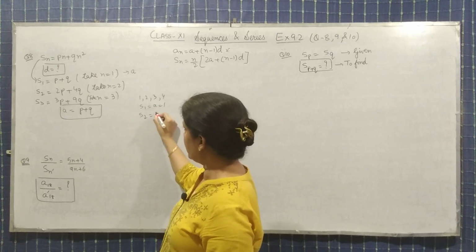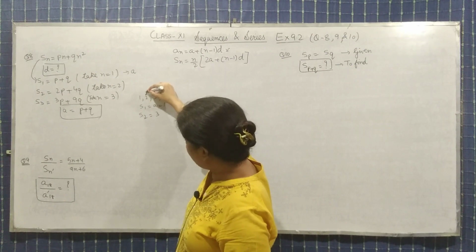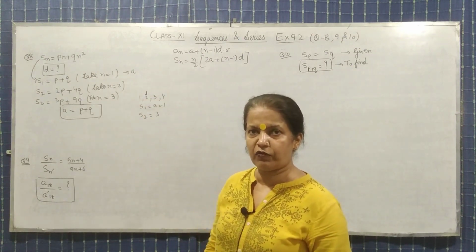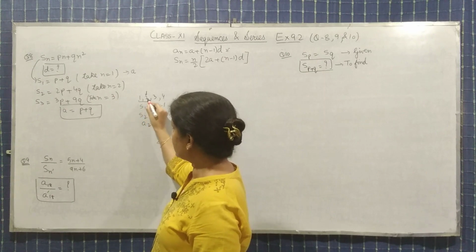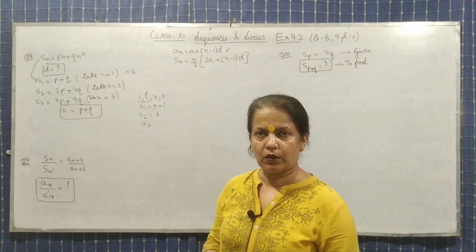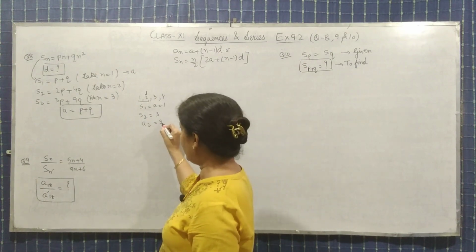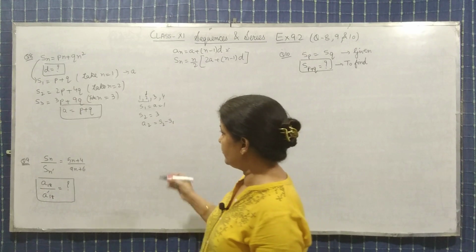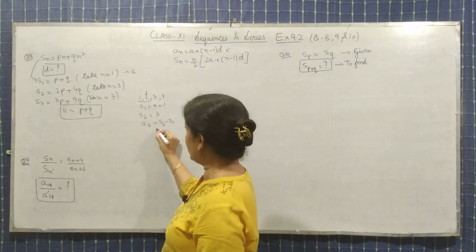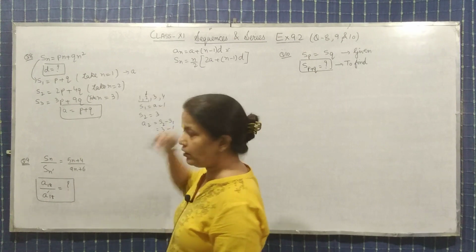First two terms sum is 3. And if I want to find only the second term, how can I find out? Out of these two sums, if I subtract the first term, A2 will be S2 minus S1. This we did in 10th class, isn't it? So S2 means 3 minus 1, 2. So we will get the second term.